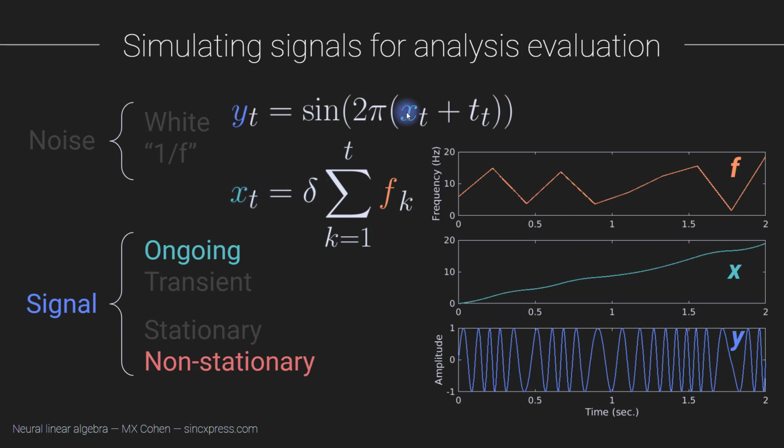Then x goes into this sine function, which actually looks a little bit different from the sine function you saw on the previous slide. It's sine 2 pi times the quantity x of t plus t of t. T of t looks a little weird, but this is just indicating that it's the tth time point in the vector of time points. And that generates each individual time point in the output vector y, which corresponds to the signal that we are going to be generating.